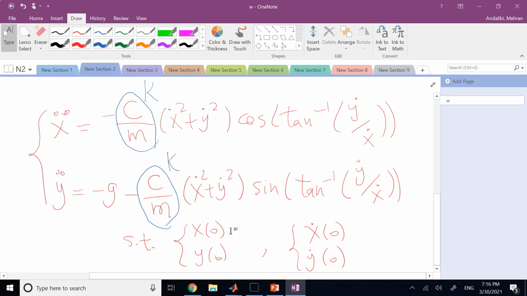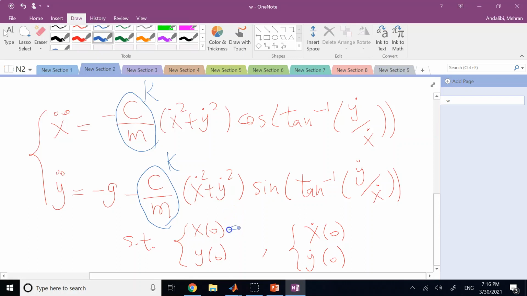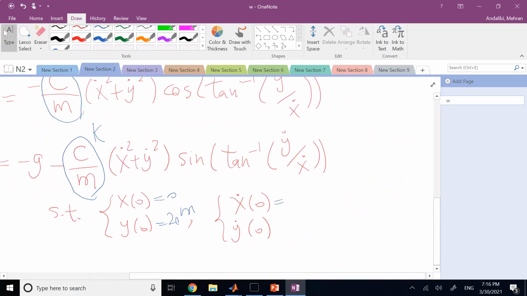Now let me provide some numbers here. So let's say X at 0 is 0, Y at 0 is 20 meters. And then X dot at 0 is going to be the launch velocity times cosine of the launch angle, and Y dot at 0 is the launch velocity times sine of the launch angle.